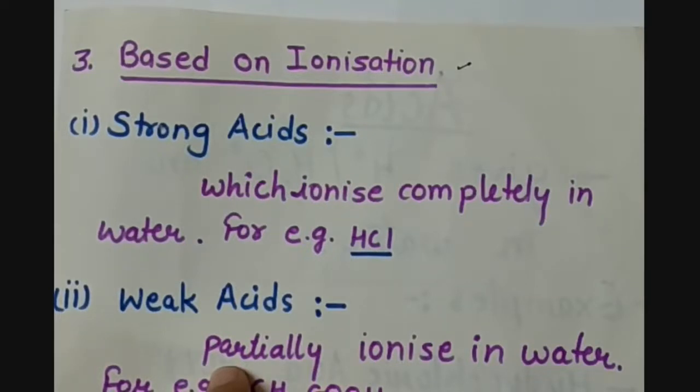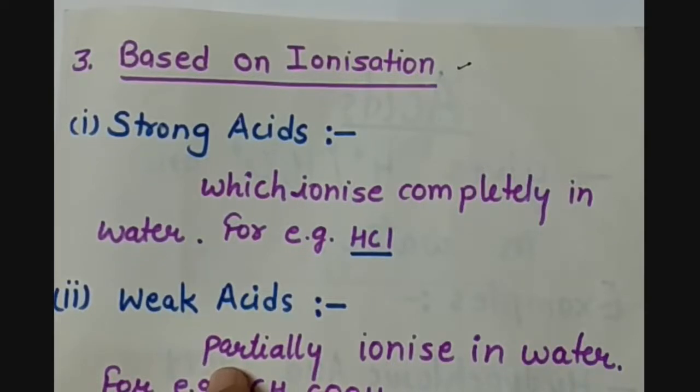So the acids which completely ionize or completely dissociate into their ions when they are dissolved in water are called strong acids. Here complete dissociation means all the molecules of the amount of acid you added to the water will dissociate into their ions when they are dissolved in water.